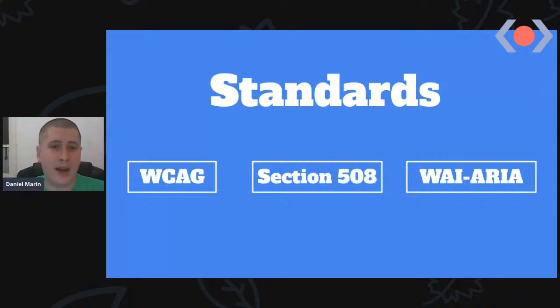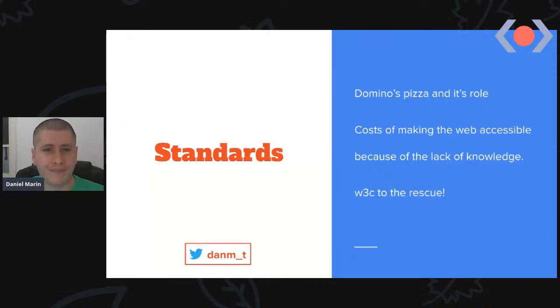And finally, we have WAI-ARIA, or Accessible Rich Internet Applications. ARIA is kind of scary, but we're going to see why it is actually so cool. So basically, the standards help us as developers understand exactly what we need to do.